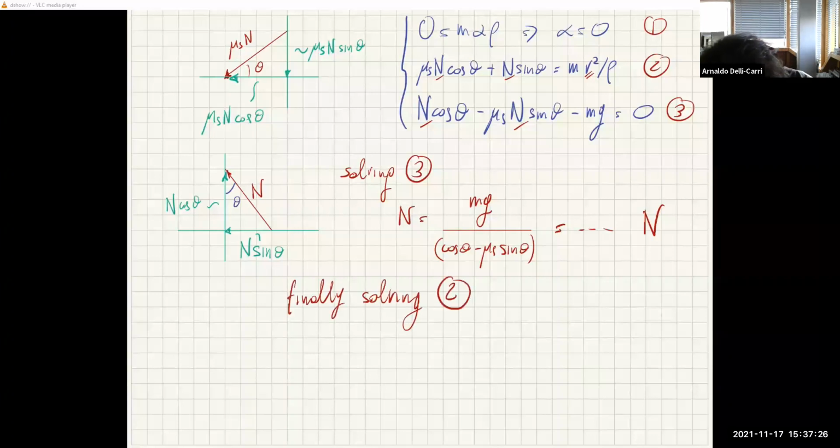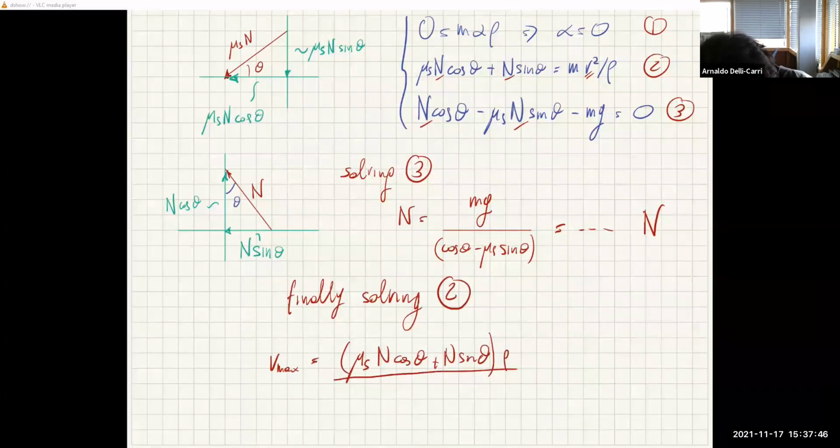Solving 2, we have that v, which is what we want, v max, is the square root of mu s times (n cosine theta plus n sine theta) times rho divided by n.